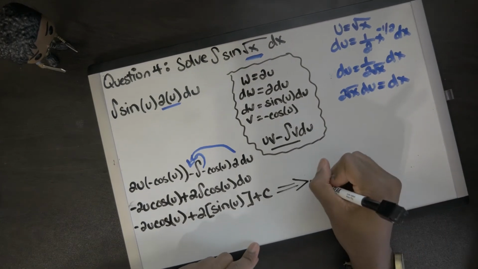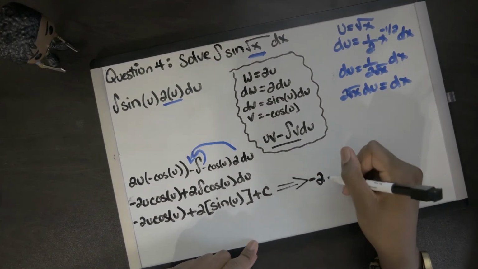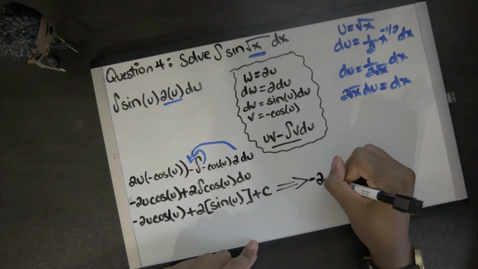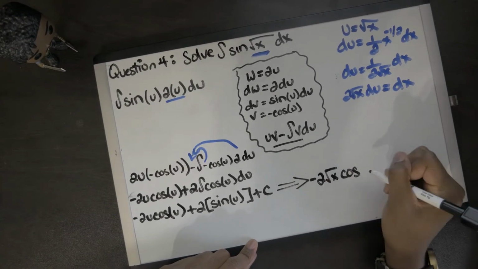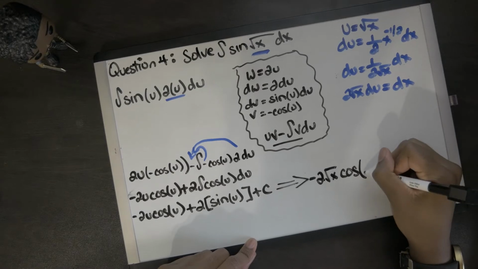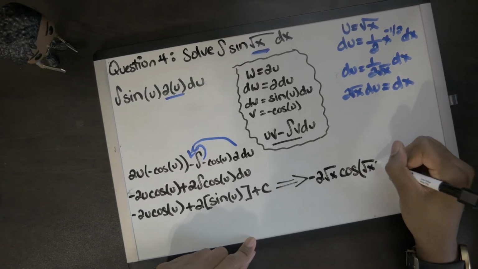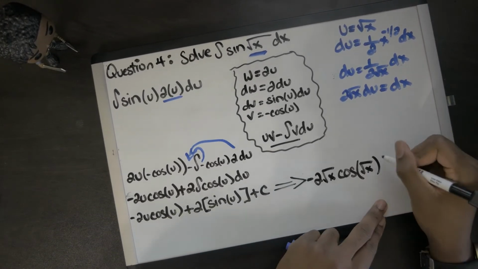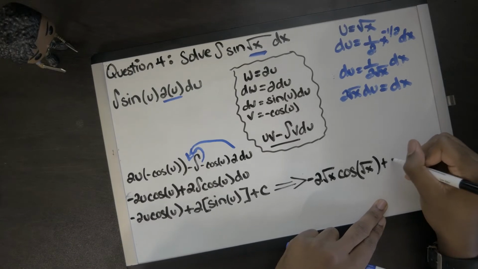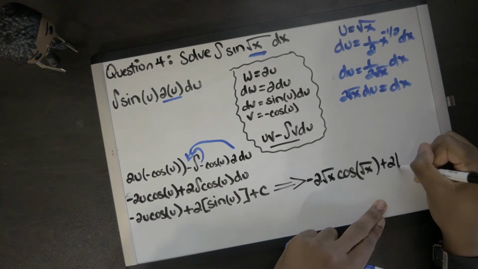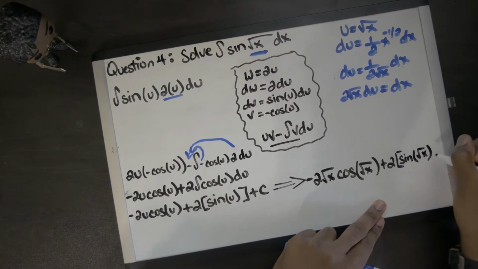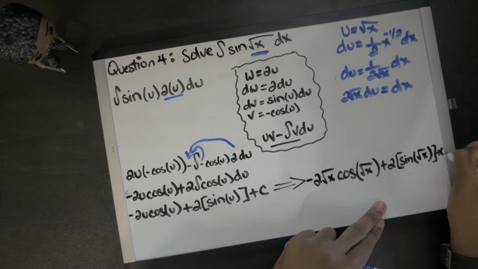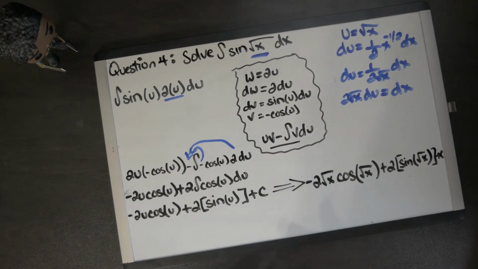So now you actually have negative 2 root x cosine, and then within there we have root x, plus 2 sine root x plus c, and that's going to give us our final answer.